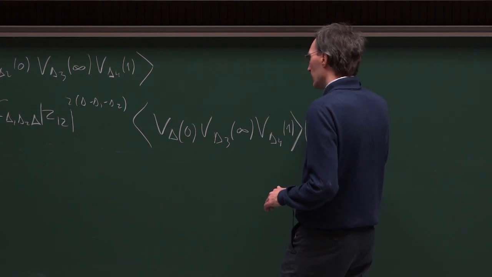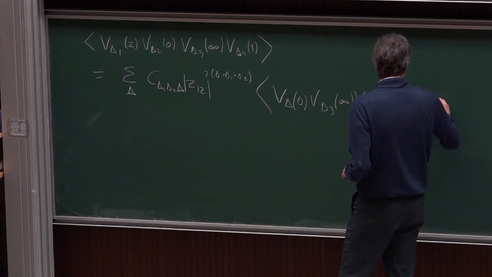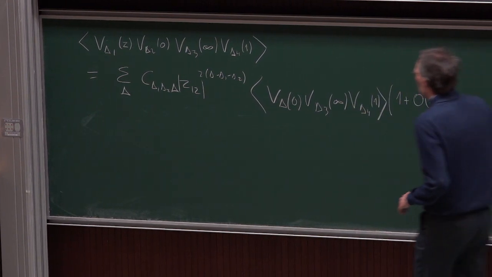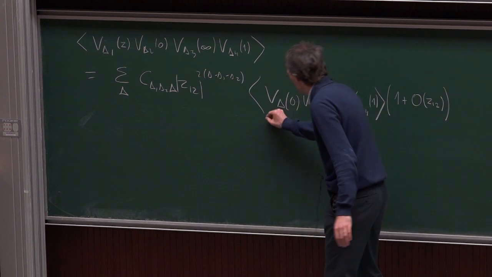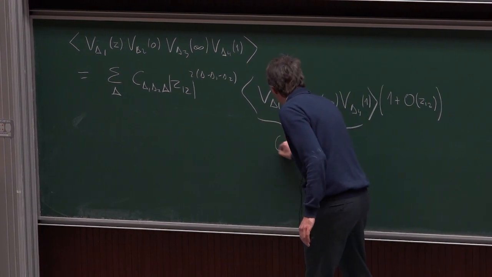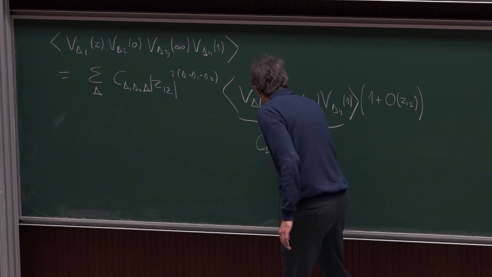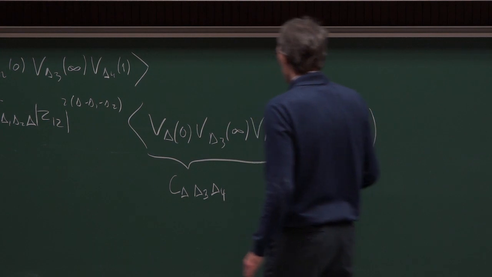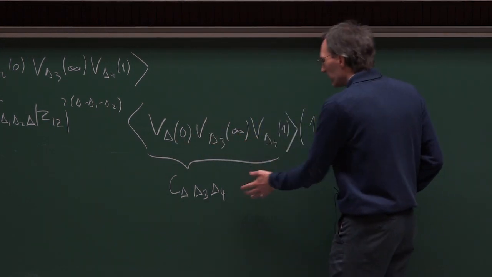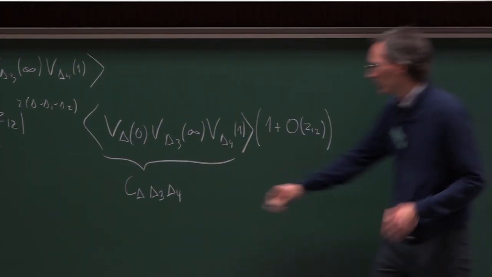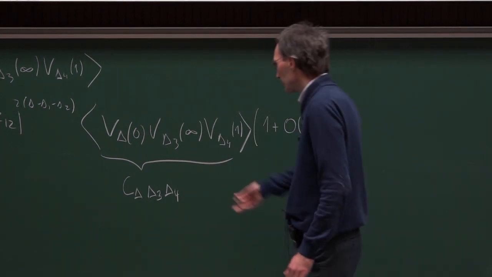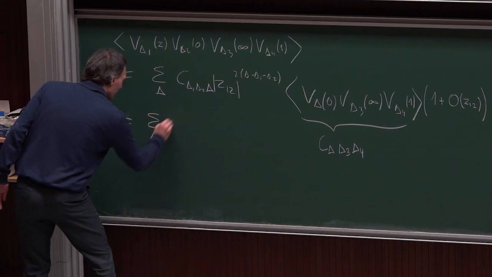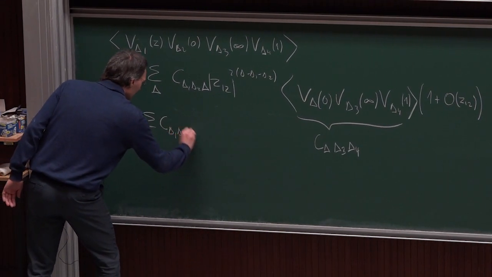I could write it like that, 1 plus order z1,2. Now, what is this 3-point function? Well, now we know it. It has to be proportional to a 3-point structure constant, C delta, delta 3, delta 4. And since the fields are at 0, infinity, and 1, there is no z dependence at all, so it's just a 3-point structure constant.